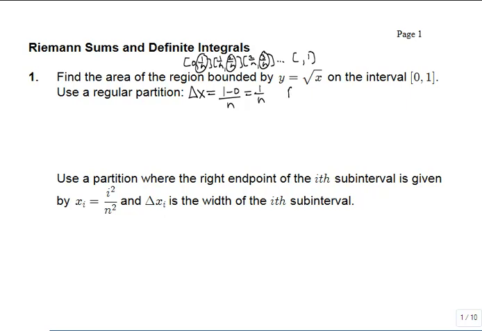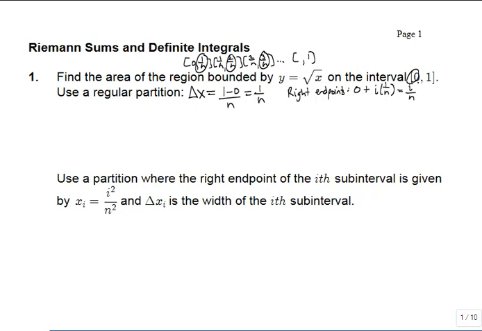So our right endpoints would initially start at 0, which is this initial part of our interval, and then to get that very first right endpoint we would have to add one of these widths, and then to get to the second rectangle we would have to add 2 of these widths, and then 3 of these widths, and so forth. So each time we're going to add i of our widths, 1 over n. So this becomes a nice simple formula. It just becomes i over n.